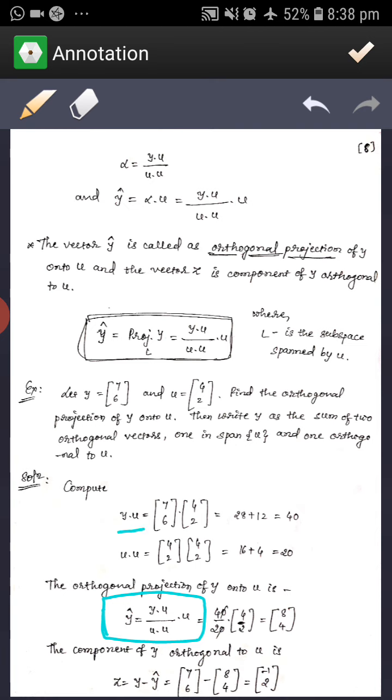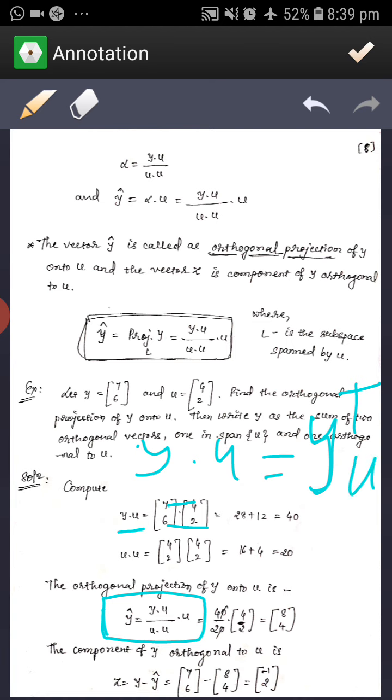First we need to calculate the first term, y dot u, which is straightforward: 28 plus 12, the product of this plus the product of this. Or we can calculate y dot u as y transpose u.